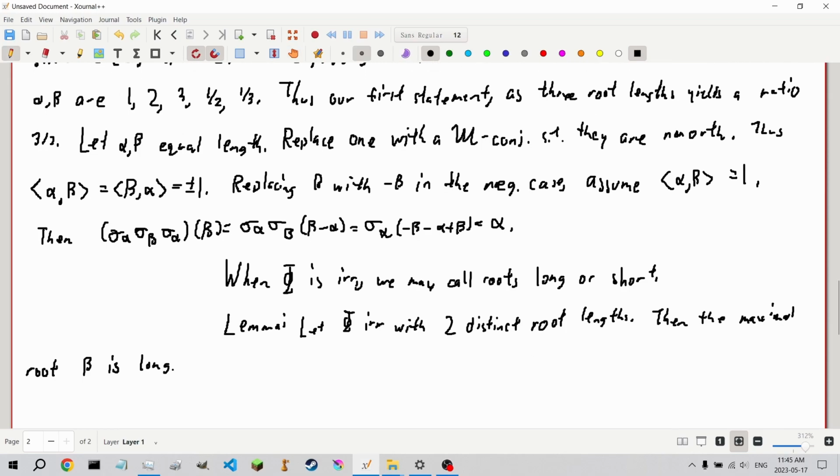And the proof: for alpha in phi, we will show that the form of beta on itself is at least the form of alpha on itself.